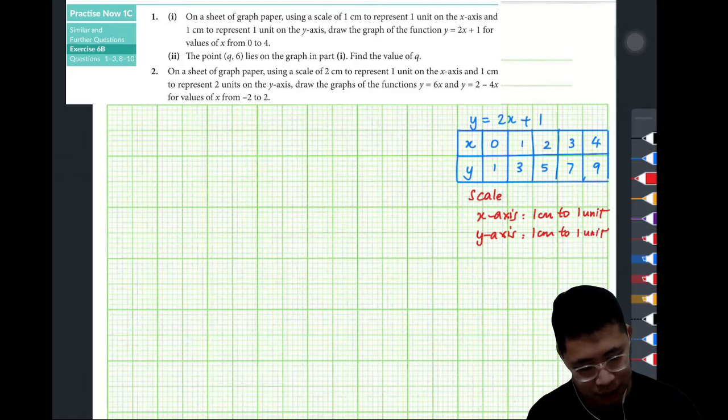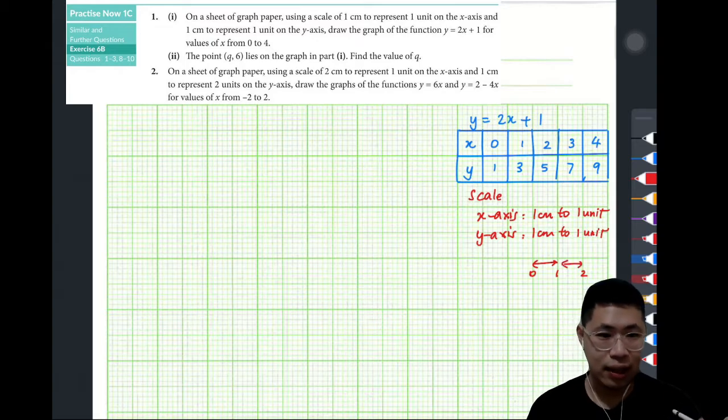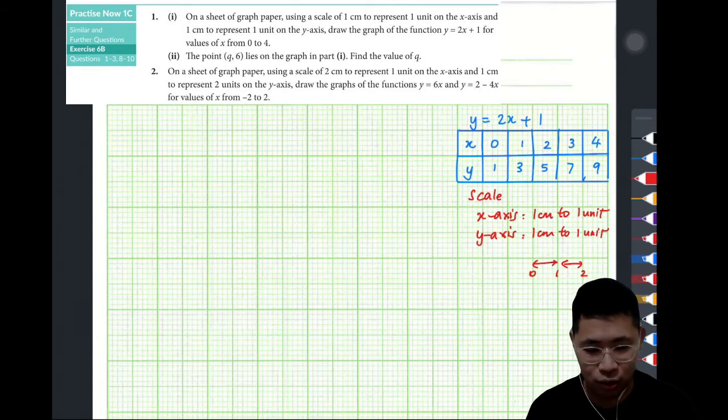What this means is that for every gap, for every one big box over here, we are going to see 0 and 1 and 2 and so on. So each unit is 1 cm apart. In red you don't have to draw, but I'm just drawing it out for you.